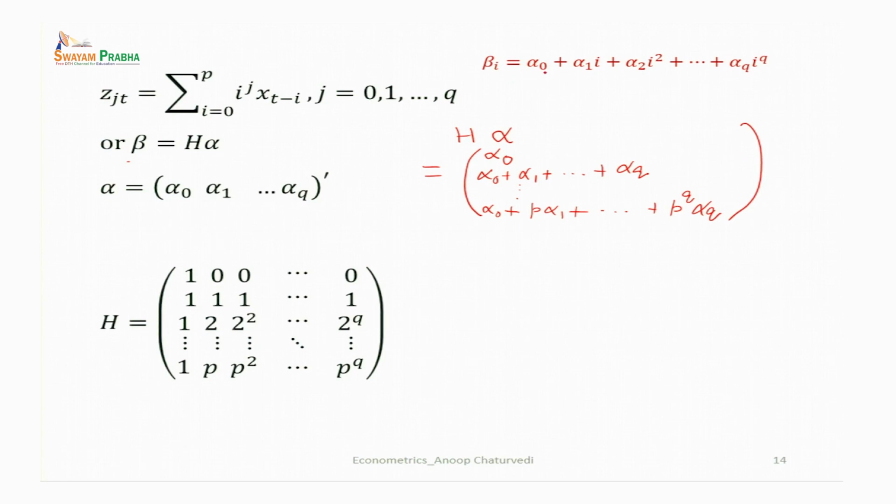Beta p equal to alpha naught plus alpha 1 p plus alpha 2 p square, so on, plus alpha q p to the power q. So, you get this last element. So, between the coefficients beta and alpha, you have this relation beta equal to h alpha.